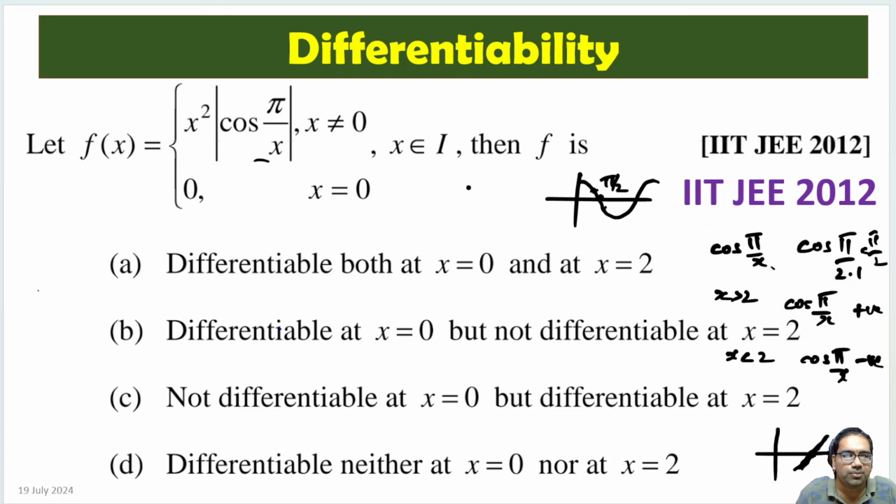Now when we are putting the absolute value of cos pi by x, at this point the graph was actually a smooth graph. When you are putting absolute value, what will happen? Whatever is below the x-axis will just get flipped. The graph which was originally like some curve like this is getting flipped, and this part is getting erased.